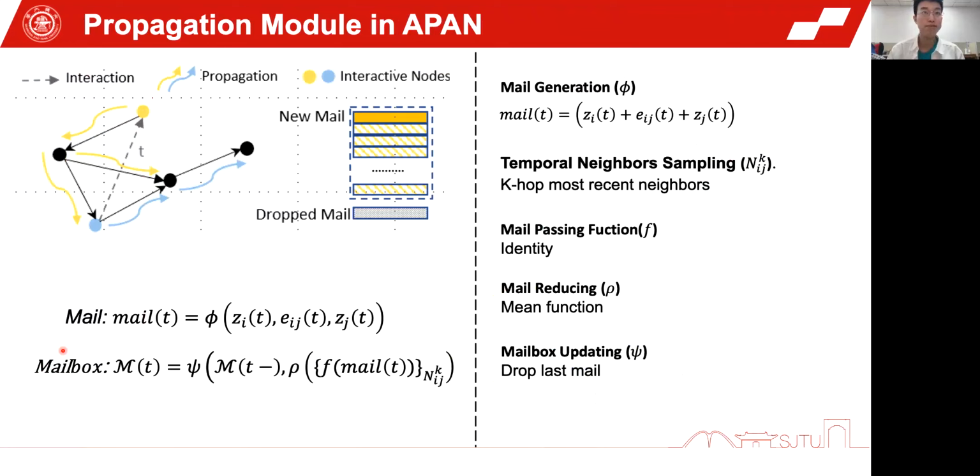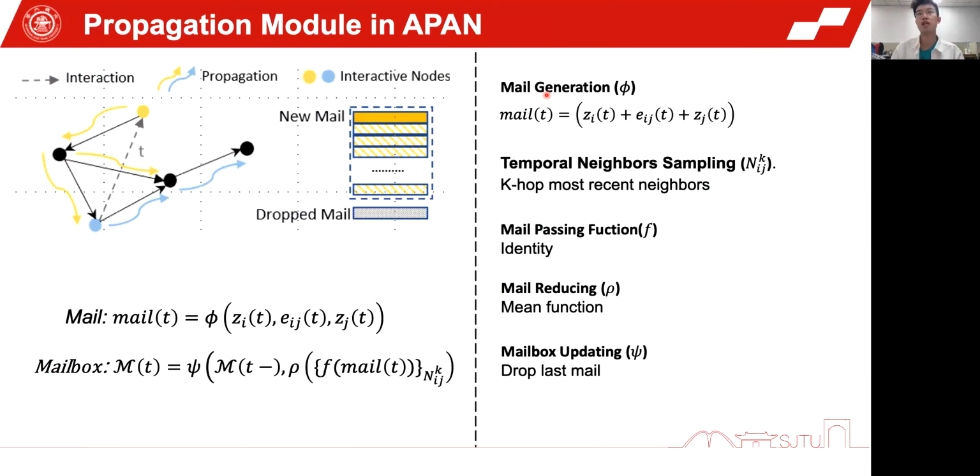The propagation module in APAN is a core module, and it is actually a highly customized computing framework. It can be divided into 5 parts.